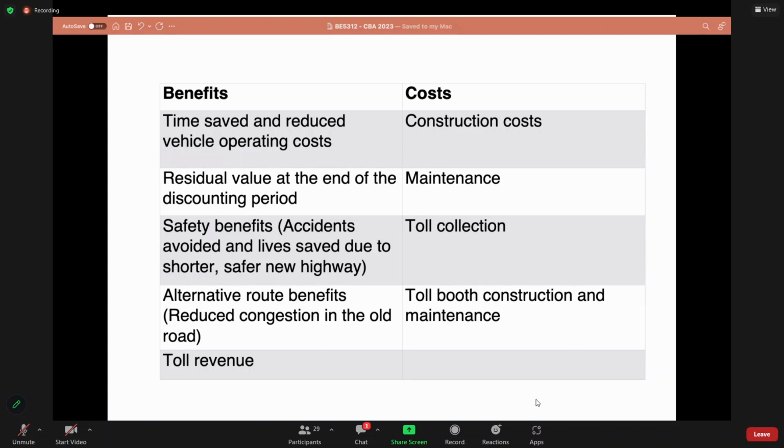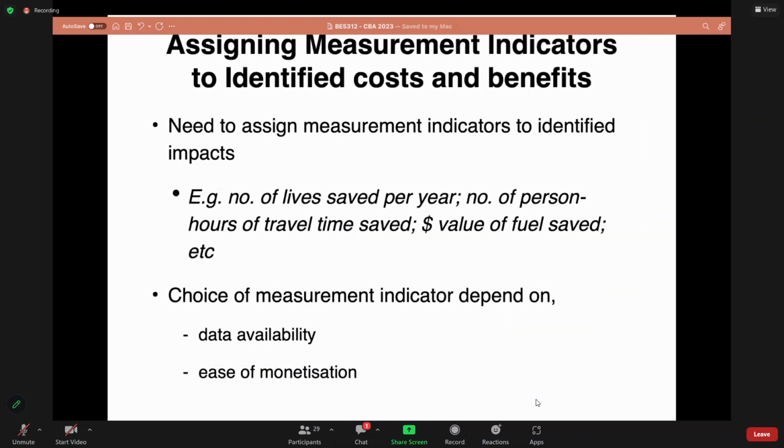So things like construction costs or maintenance costs, those would be comparatively easier to cost. But for things like, say, vehicle operating cost savings or safety benefits or alternative route benefits or pollution, for those things you have to find and assign metrics as to how you are going to quantify those things.